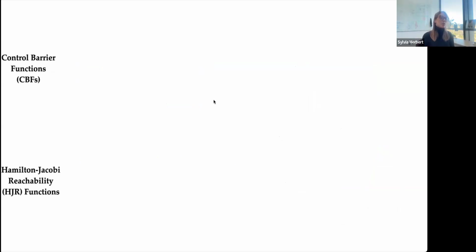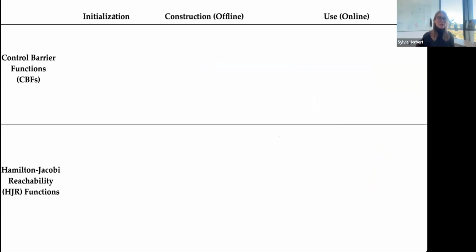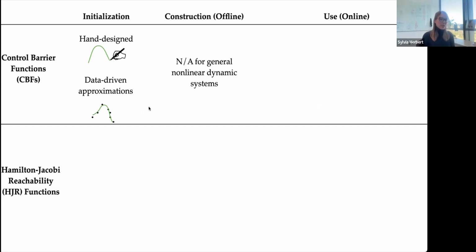Okay, so just a recap between the two methods. Let's talk about how you get to the function in the first place. Sorry, how you initialize it, how you get the function, and then how you use the function. You initialize control barrier functions, again, either using hand-designed approaches or data-driven approximations. The construction is hard to do for nonlinear dynamic systems, the same exact way as with control Lyapunov functions.